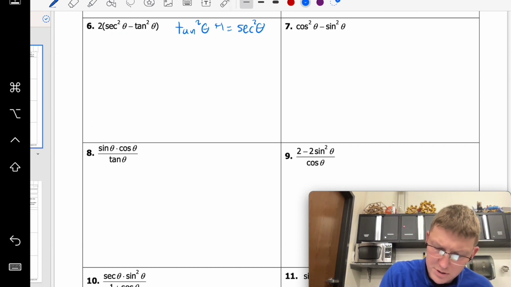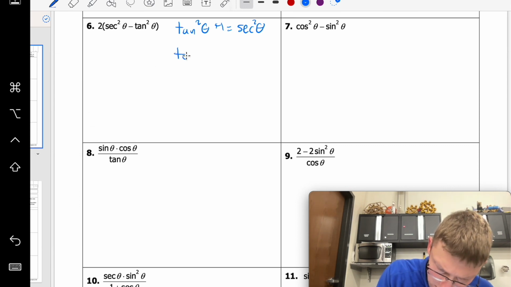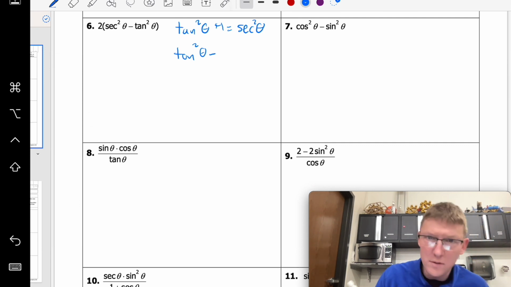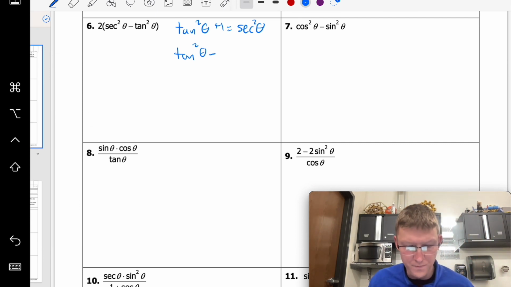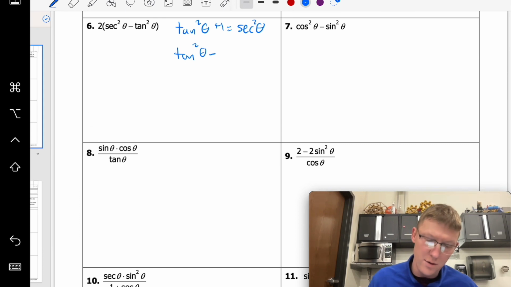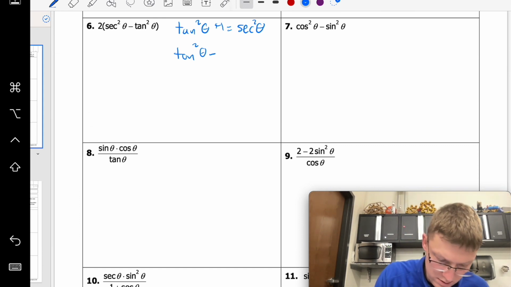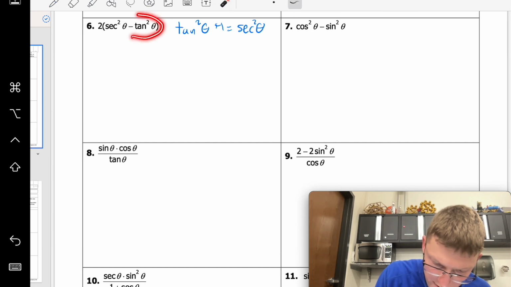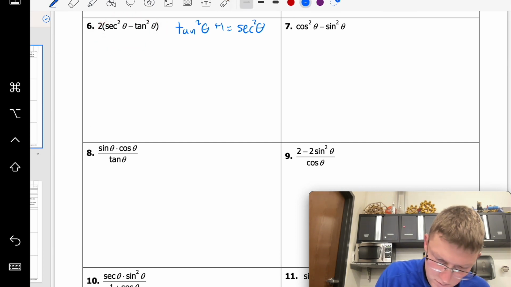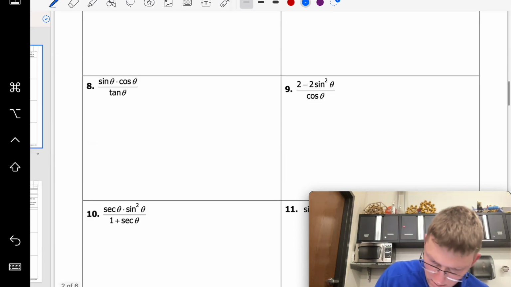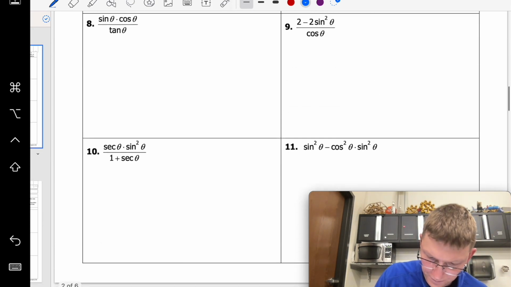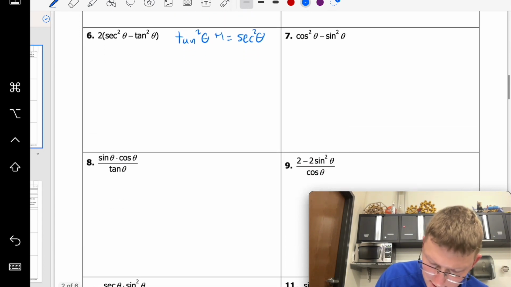So we're going to do a little bit of algebra. We are going to subtract our secant over. So we get tangent squared of theta minus, that's not what I want. We're going to do the other way. Since I want these two things reversed, we're going to subtract the tangent squared of theta over.